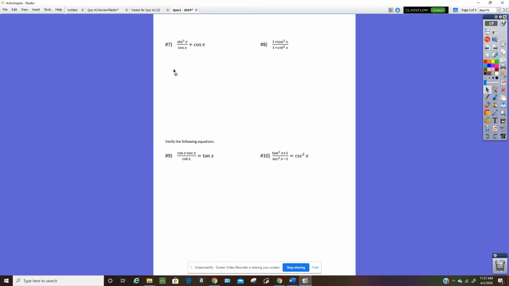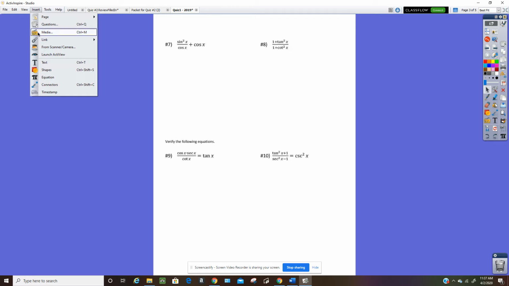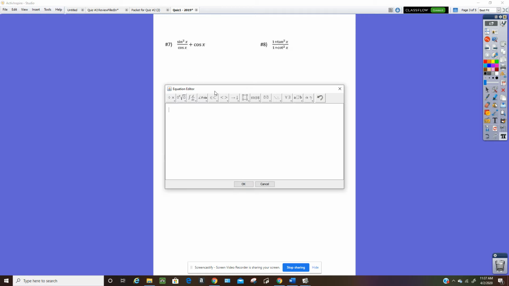All right, number 7, we have sine squared over cosine plus cosine. So you need to get a common denominator there. The common denominator would be cosine x.